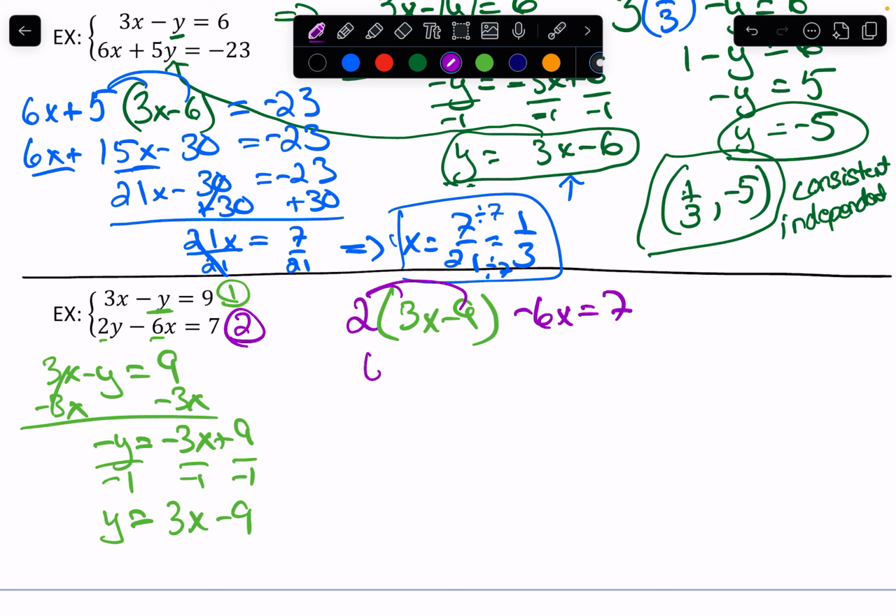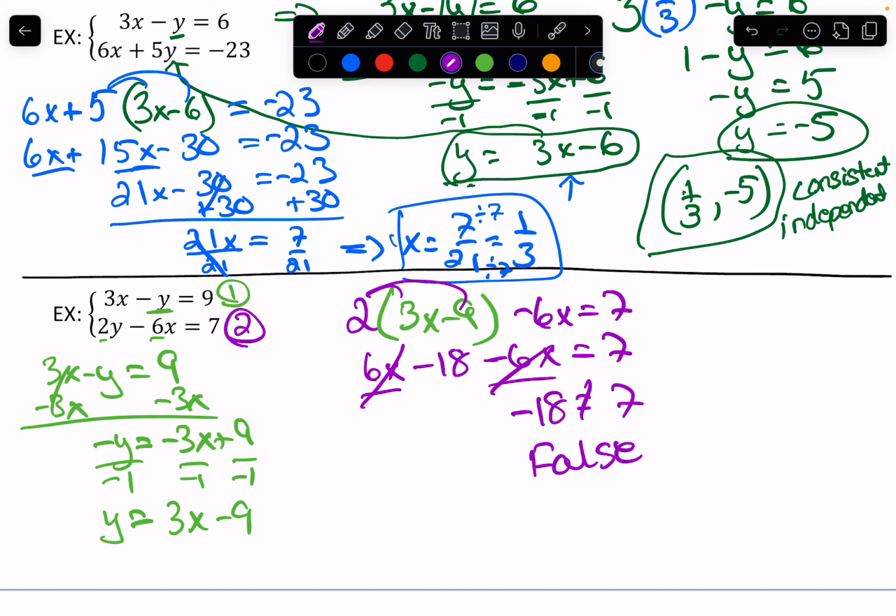Distribute. 2 times 3x is 6x. 2 times -9 is -18 minus 6x equals 7. Well, combining like terms, they're opposite, so they cancel each other out, and we end up with -18 equals 7. Well, that is false. So this means no solution.